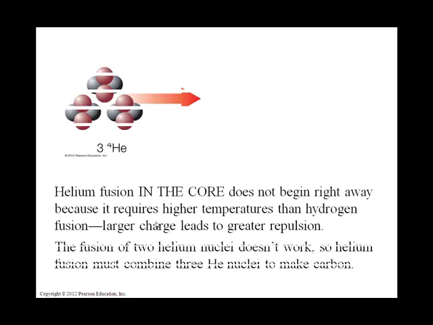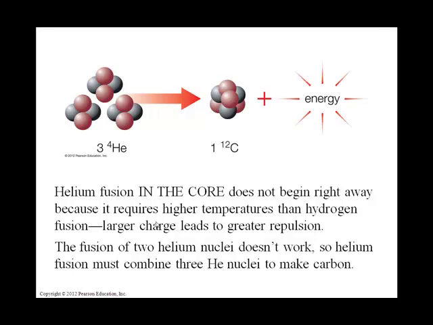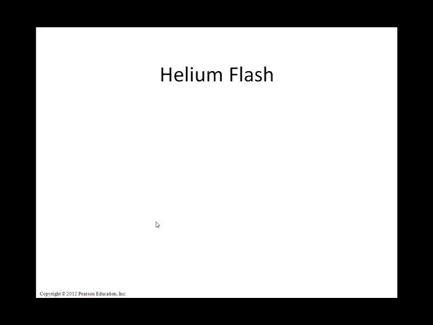So it takes a while, but ultimately in these generally low mass stars, 8 solar masses or lighter, the conditions in the core will become sufficiently hot and sufficiently dense to begin fusing helium into carbon and lots of energy. This occurs at a higher core temperature than the hydrogen fusion.